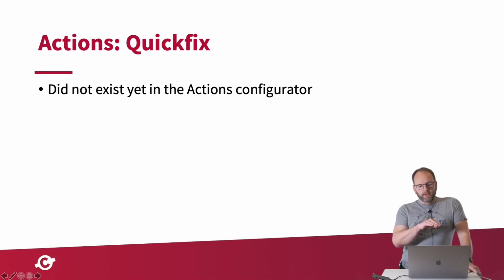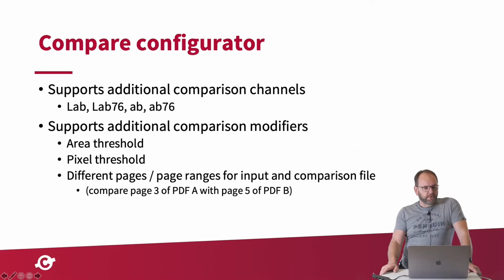Even a missing action like Quick Fix, you still have ways of working with that through the command line parameter field that you have in these configurators. So you could have still done it, but now it has been added to the actions, and that makes it much more easy to use.